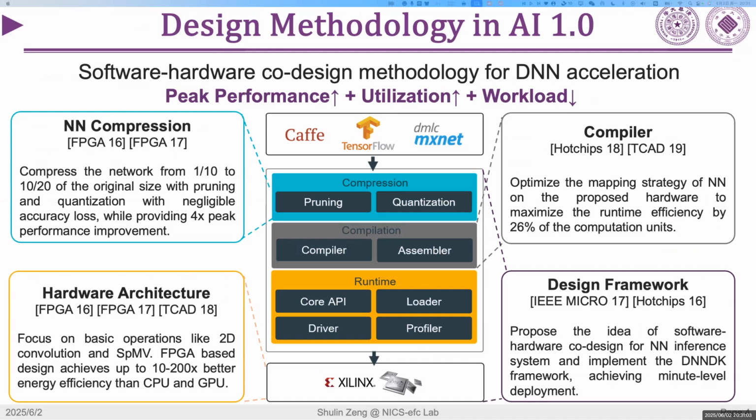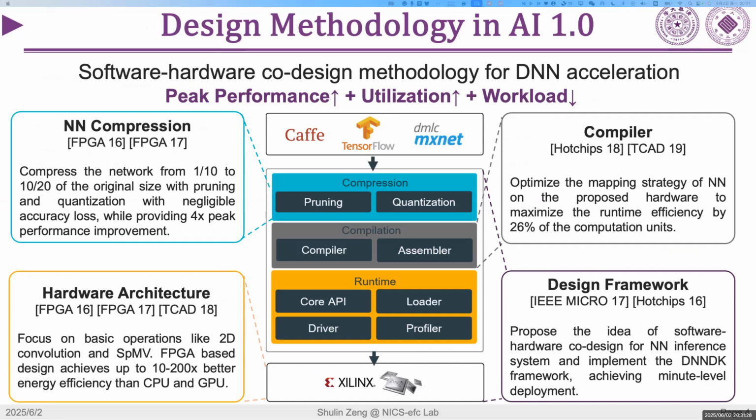So, what we have done in AI 1.0 is that we use a software and hardware co-design methodology to accelerate DNN models. The basic idea is that we co-optimize the software and hardware to gain a better peak performance, a higher utilization, and also to reduce the workload.